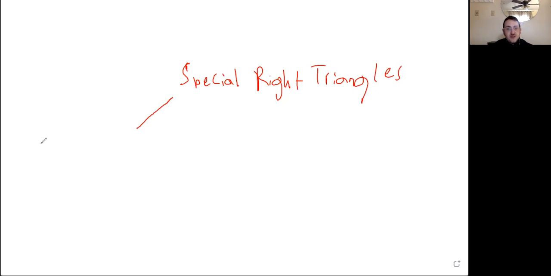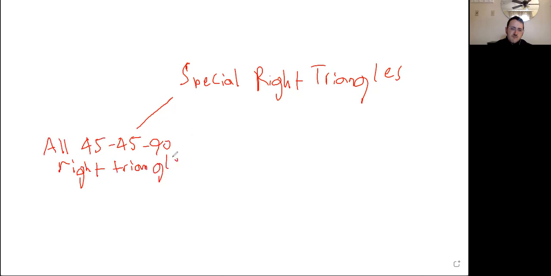So we could say, for instance, that all 45, 45, 90 degree angle right triangles are similar to what we call the unit triangle, or the standard triangle, or the reference triangle.